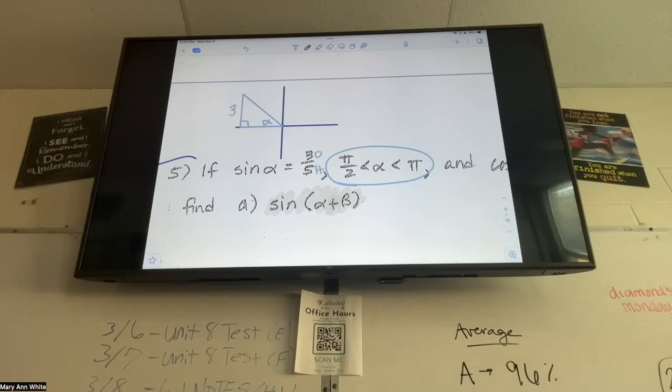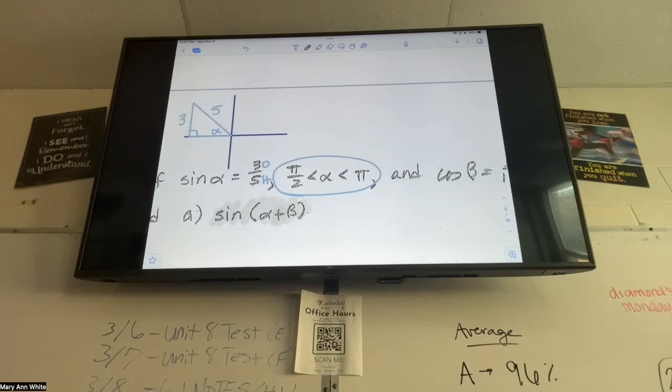So we can label two parts of my triangle. Can you find the third side of my triangle? Yeah. Pythagorean theorem, right? We've been doing this for days now. And this is actually something we're usually really good at.